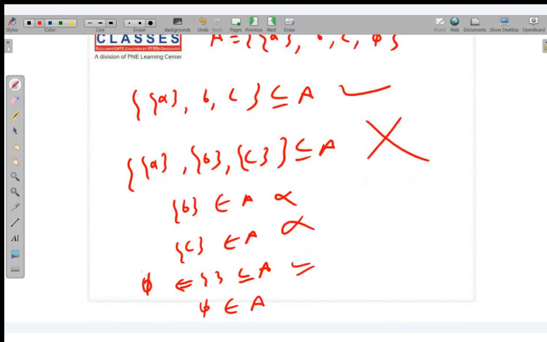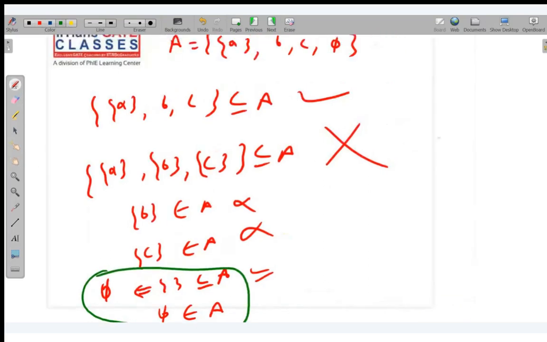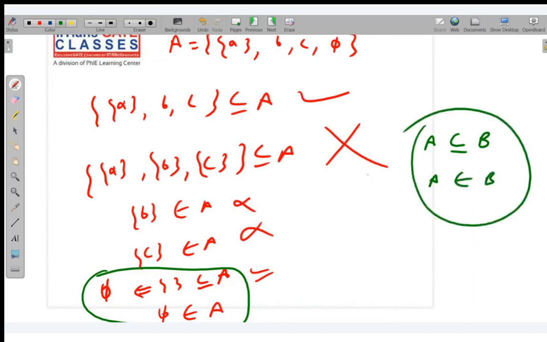And since you have got this point, let me clear that also. There might be a case that we have a set A that is a subset of B, and A belongs to B also. This is possible. Yes, 100% this is possible. And they will say A and B are sets.